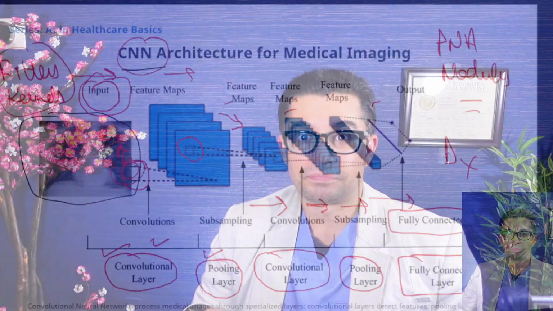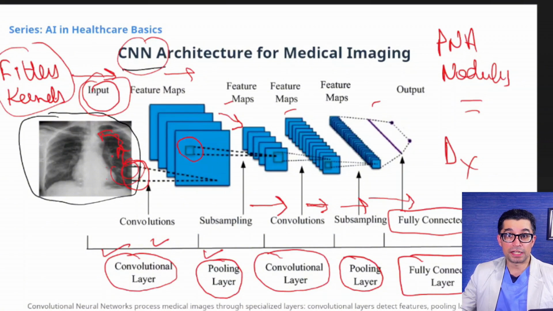So, this will let you know, okay, a model with larger filters may be able to pick up cardiomegaly, or a big heart, a lot better than a model trained on smaller filters, which might be able to pick up more interstitial lung disease or small nodules. So, this is an aspect that is important to understand. And that is why understanding a CNN architecture is highly important for radiologists and any other imaging specialists.